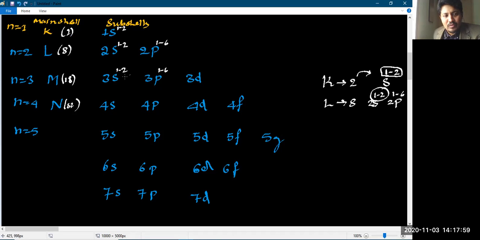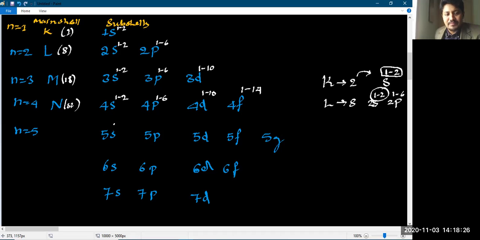Correct? Now 1 to 2 electrons fill in the third shell's 3s, 1 to 6 electrons in 3p, and of the 18, the remaining 10 electrons fill in D, and 1 to 14 electrons fill in F. You should remember this particular concept.